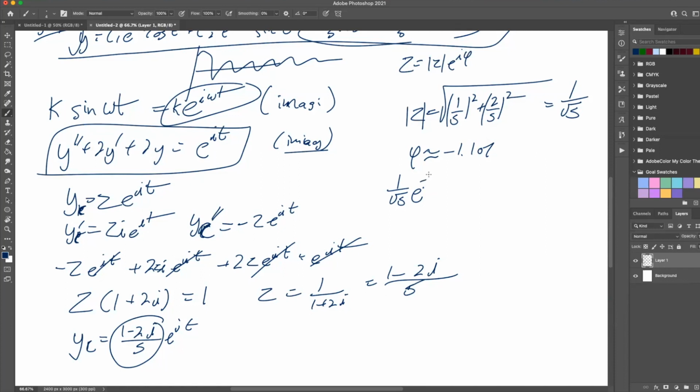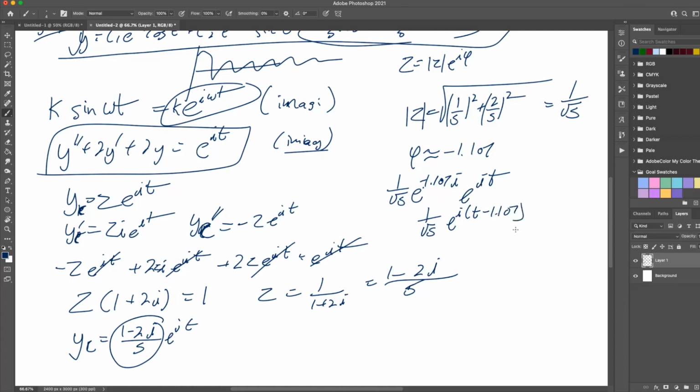This is e to the minus 1.107. I'll do another example of this. And then we're going to multiply that by e to the it. And then I can put these two together, so I get square root 5 e to the i of t minus 1.107.